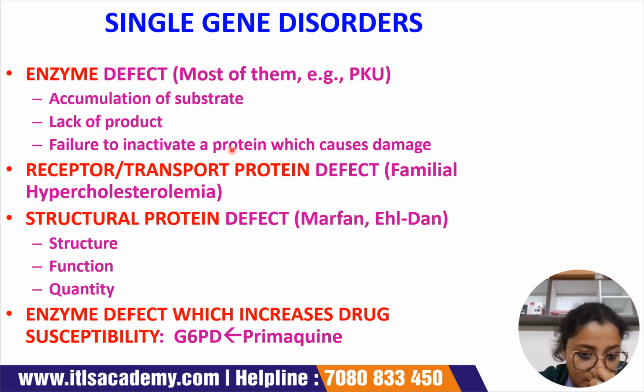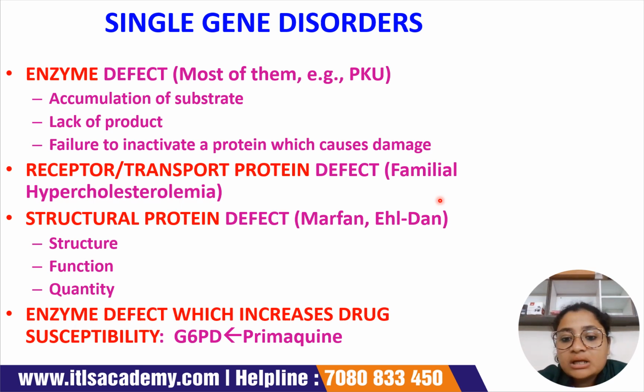Thirdly, there will be failure to inactivate a protein which causes damage. Again, very important. Say, for example, the function of the enzyme is to inactivate a protein which is causing damage or causing a disease. In that case also it will be a failure because the enzyme is not there, so there is no one to inactivate that protein.